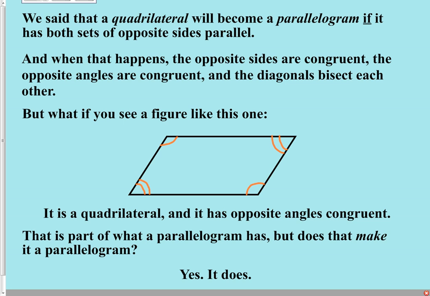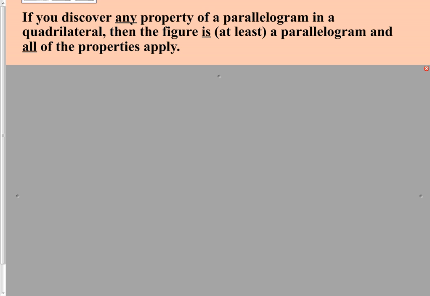Okay, so basically what we are about to arrive at is: if you discover any property of a parallelogram in a quadrilateral, then that means your figure is a parallelogram and all of the properties of a parallelogram do apply. Now you'll notice in that statement, in the parentheses, it says at least.